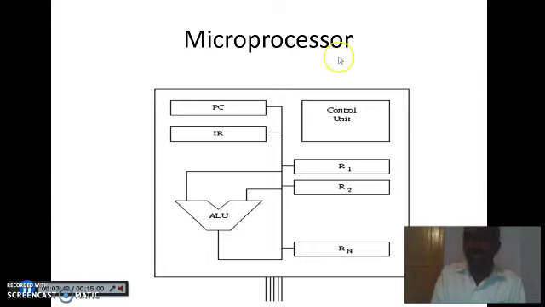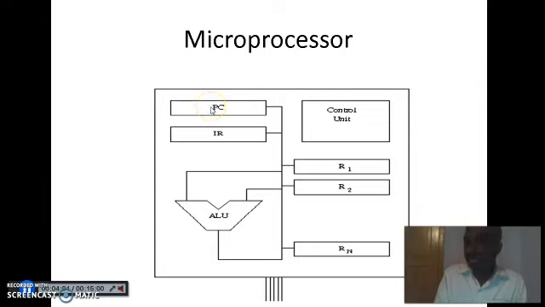Next, another one is the instruction register. What is in the instruction register? When the instruction is fetched from memory, it is located in the instruction register. Next, another one is the program counter.